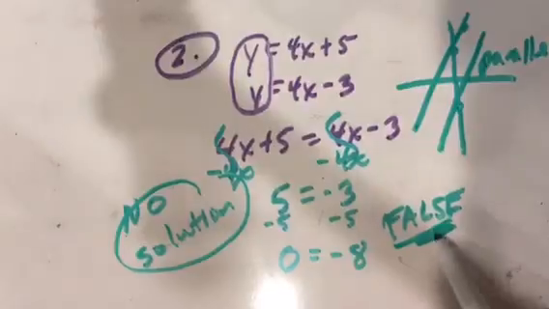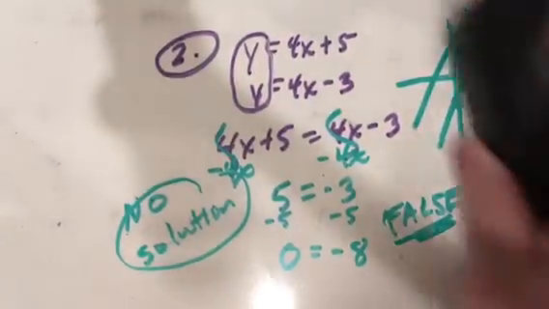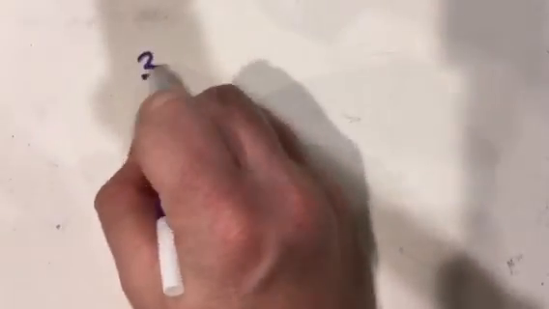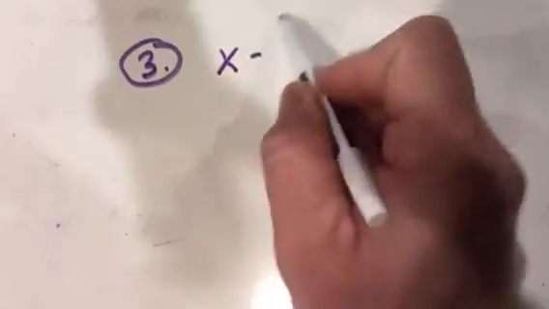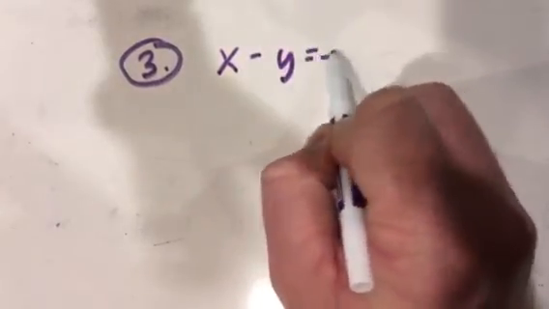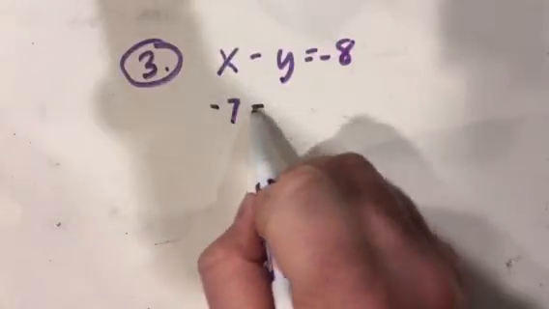Variables go away, false math left over, no solution. So we use elimination on the first one to prove infinitely many. We use substitution on the second one to prove a no solution. When you see this problem, think about which method you might use.